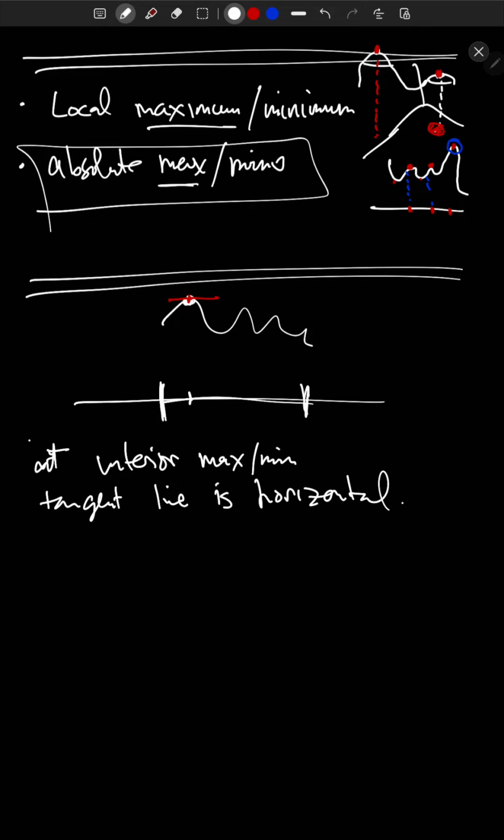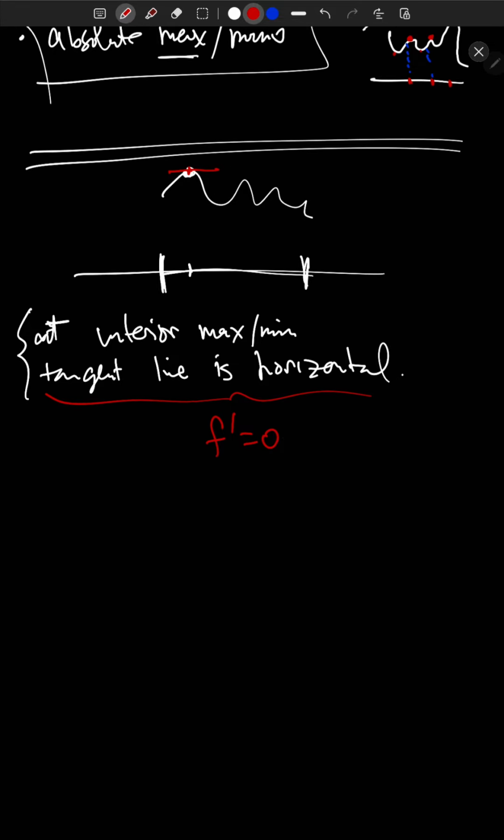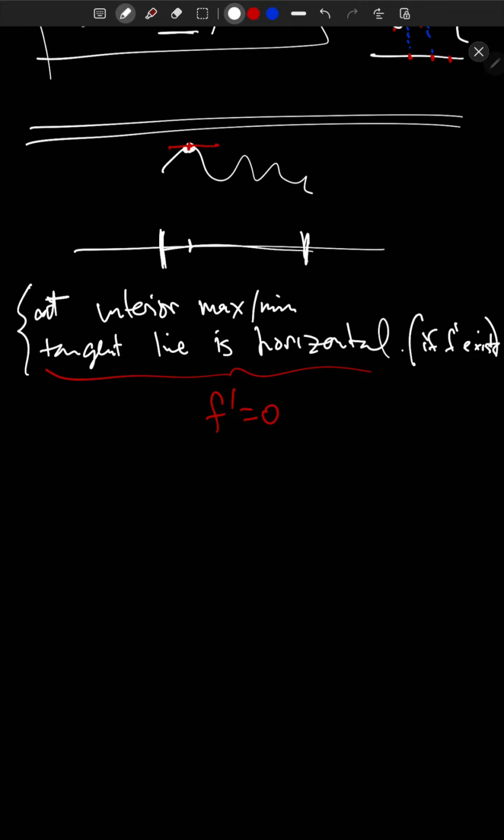And that was basically the key point that you need in single variable calculus to be able to find absolute max and mins, because, well, where's the tangent line horizontal? That's going to be where f prime is equal to 0. I also mentioned that at an interior point the tangent line is horizontal if f prime exists. So this leads us to a strategy of finding absolute max and mins.